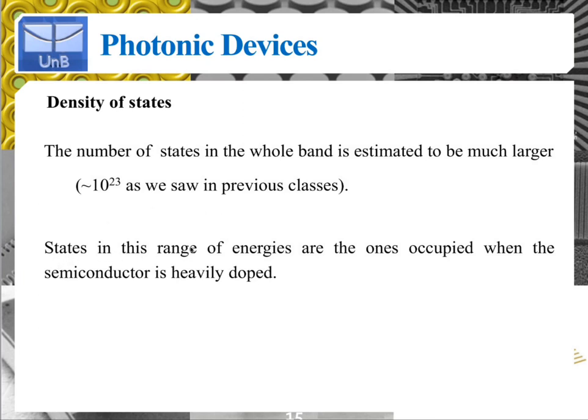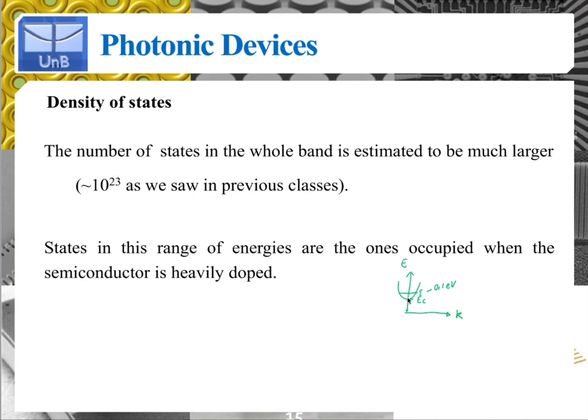Nonetheless, the states occupied in this range. What I'm saying here is that states in the range going from the band edge EC up to just 1/10 or 0.1 electron volts up here are the ones occupied when the semiconductor is most heavily doped.